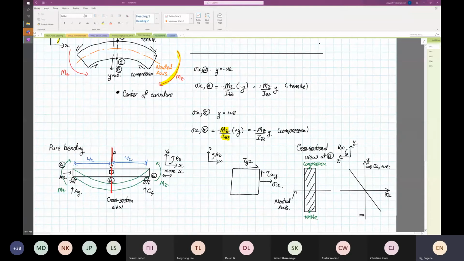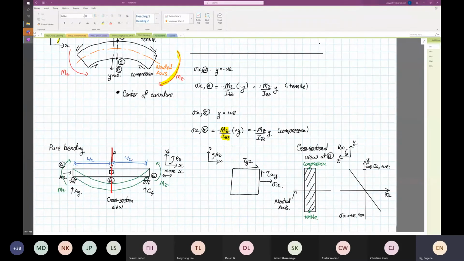On this side, stress x will be negative.